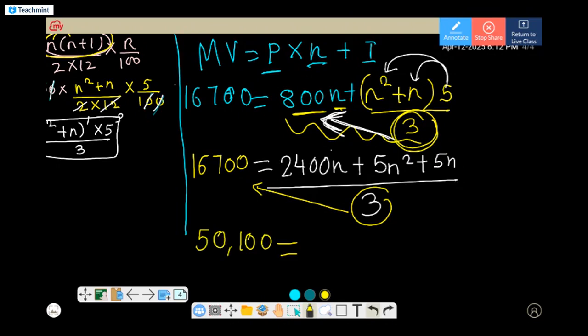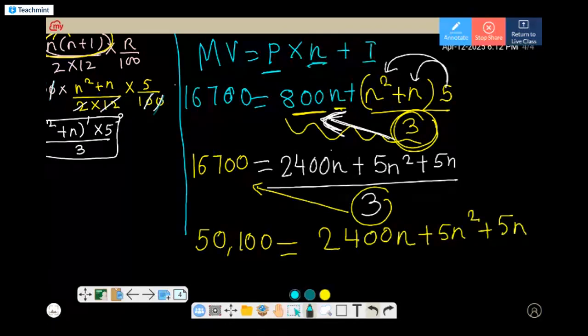And on the right side, you're getting 2,400n plus 5n square plus 5n. Now, which are the two terms you can work with? This is n and this is also n. You can add them. So 2400 plus 5.